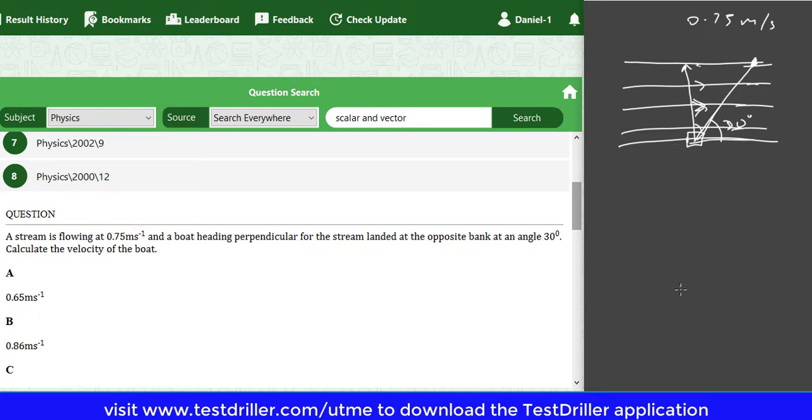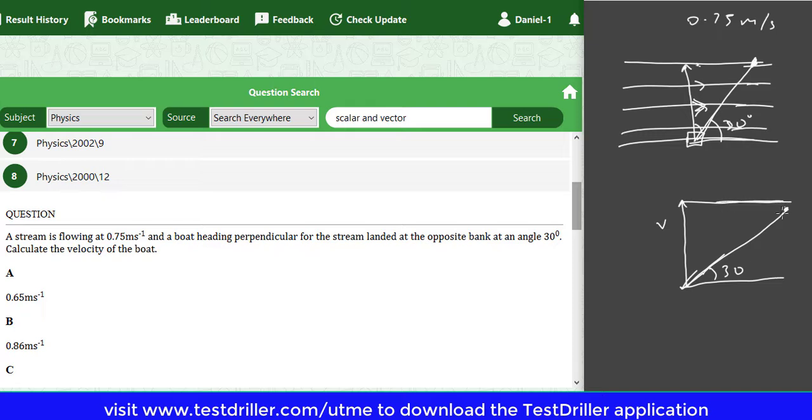So let's break it down this way. Here you have the starting point of the boat. Then here you have the end point, and this is the angle it made with the horizontal, right? And now the question is, what must be the speed that this boat must have launched with? This speed is what we don't know. Let's call it v. But we know the speed of the stream.